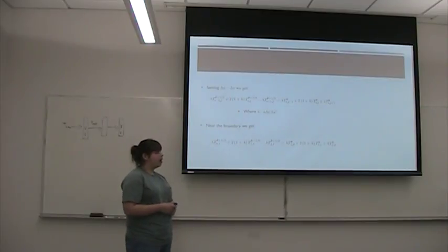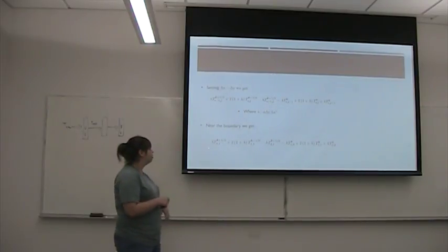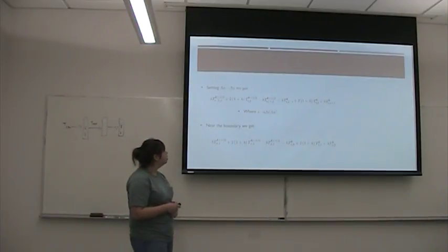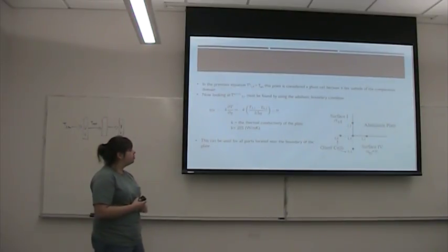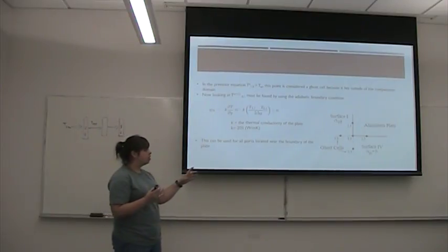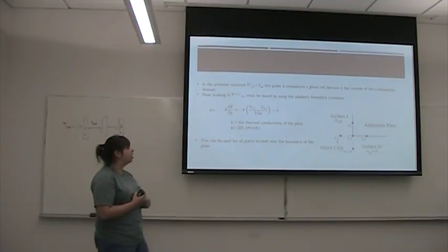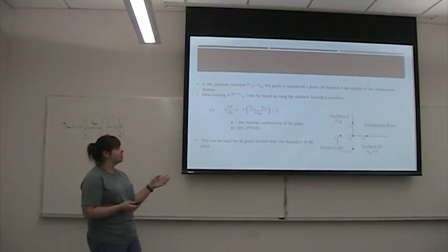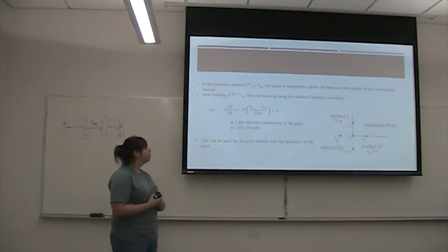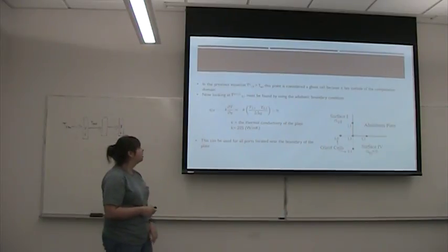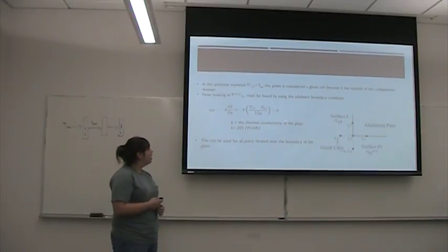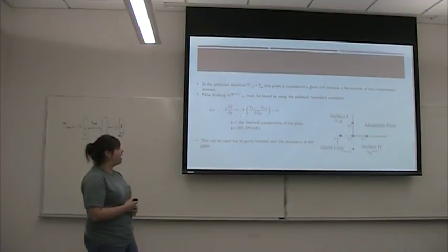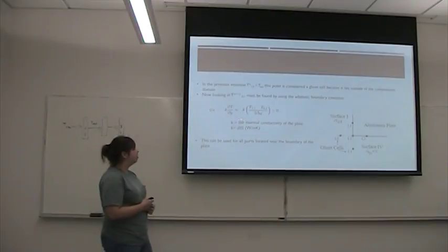And looking at our ports near the boundary, we're just plugging it back into this equation here. Those around the boundary are ghost cells. It's not really considered because it lies outside of the computational grid. So we have to solve those individually. We can find that by using this equation right here, where K is our thermal conductivity.